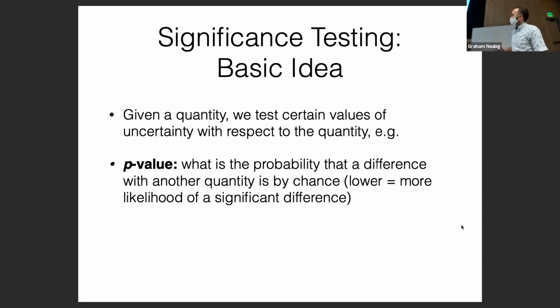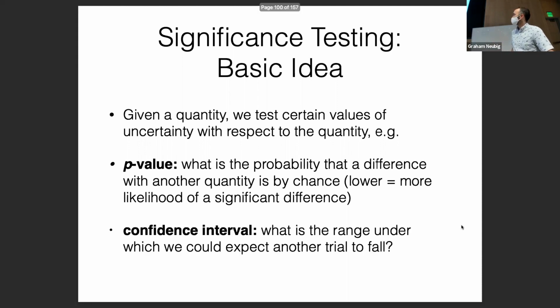So if this is lower, there's a larger likelihood of a statistically significant difference between them. So we can say this is actually a real difference that we would expect to see on other data drawn from a similar distribution. Confidence interval is like, what is the range under which we could expect another trial to fall? So if we created another similar data set using the same methodology, what is the range of accuracies that we could expect?